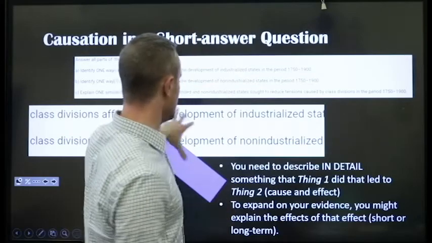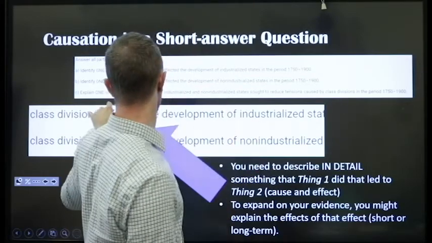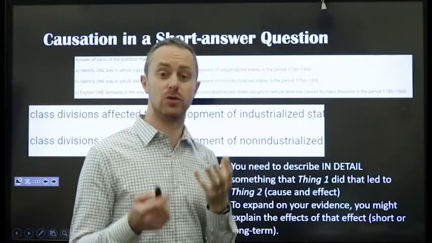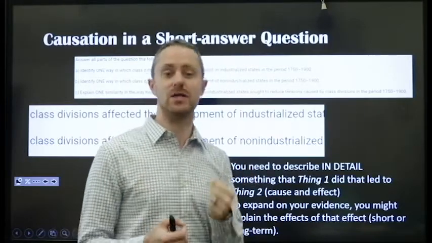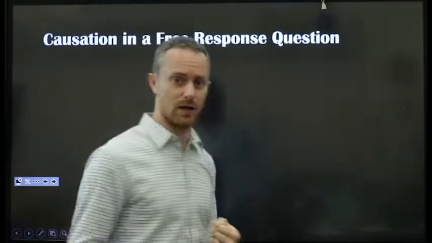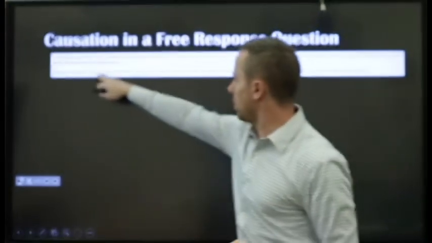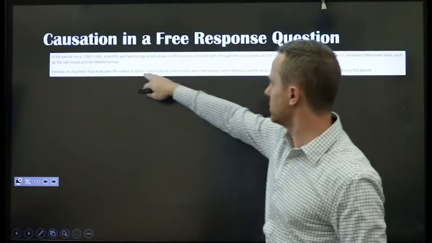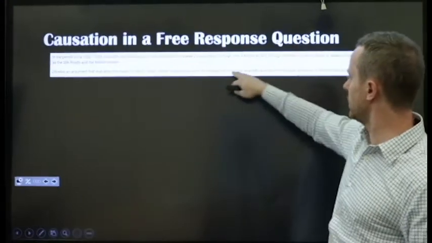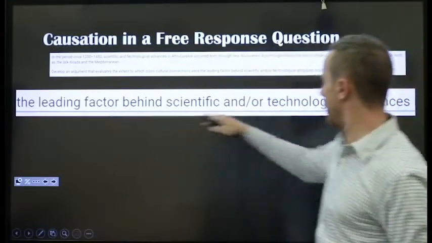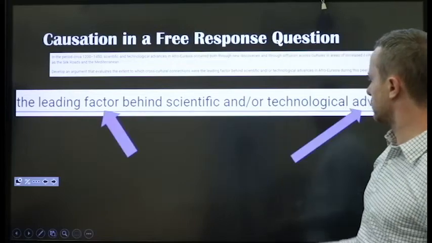Again, it's your ability to identify wording like affected or cause that's going to help you identify the correct skill that you need to demonstrate on this prompt. All right, lastly, I want to look at the free response. It says, develop an argument that evaluates the extent to which cross-cultural connections were the leading factor behind scientific and/or technological advances. The leading factor behind technological advances.